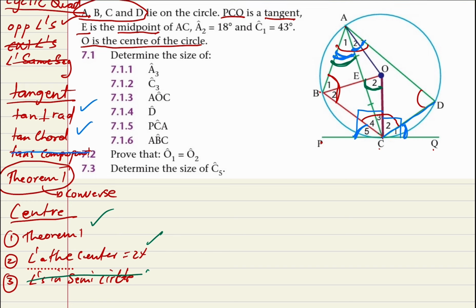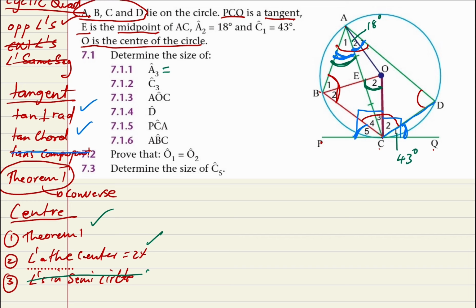So let's now put the angles there and check. We have A2. A2 is here. It is 18 degrees. C1, here is C1. It is 43 degrees. Now let's go for it. They are looking for what? A3. Where is A3? There is A3. So A3 is going to be equal to 43 minus 18.